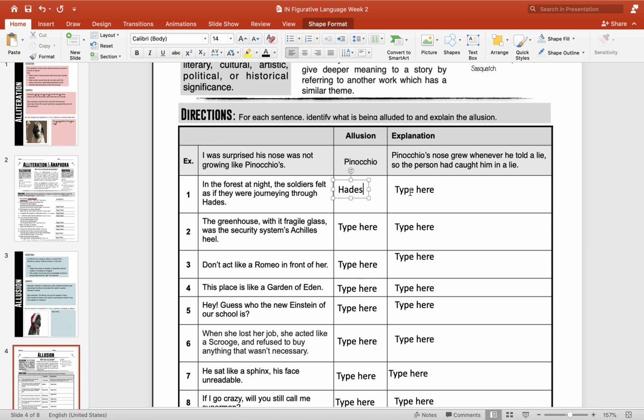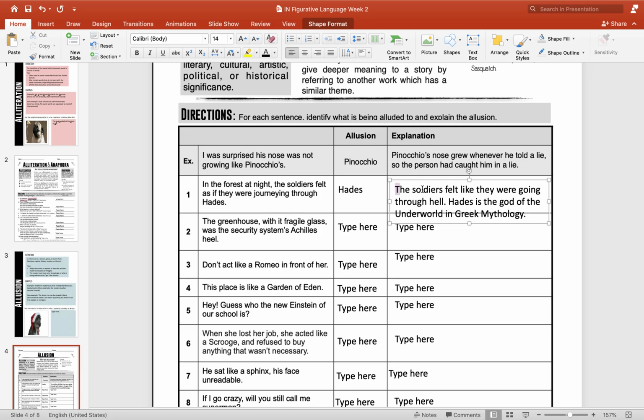And then the explanation is the soldiers felt like they were going through hell. And then you would explain it by saying Hades is the god of the underworld in Greek mythology.